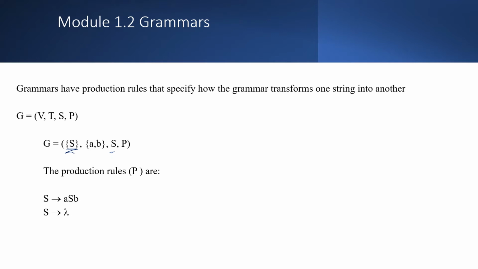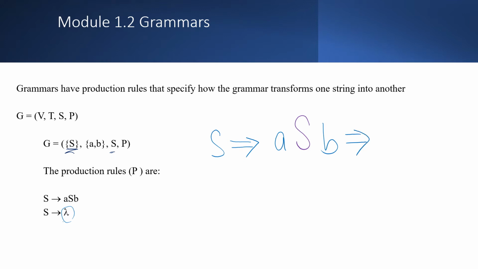So let's run through a couple of examples running these production rules and try to figure out what this language is. You can start with S. That's the start symbol. If this production right here goes to the empty string, then that means this language includes the empty string, because you can start with S and go to the empty string. Let's try some other productions starting with S. We can go to aSb.